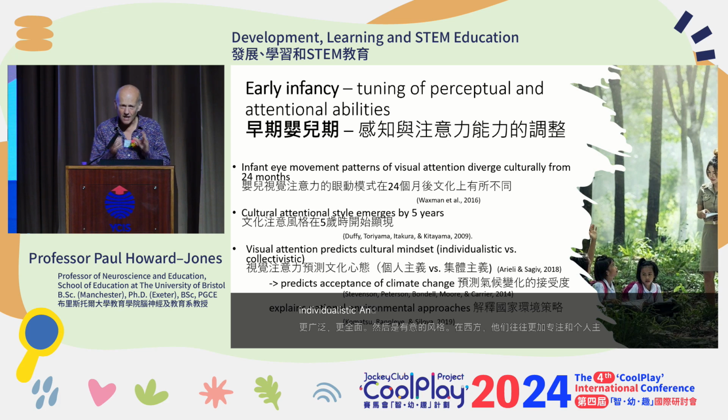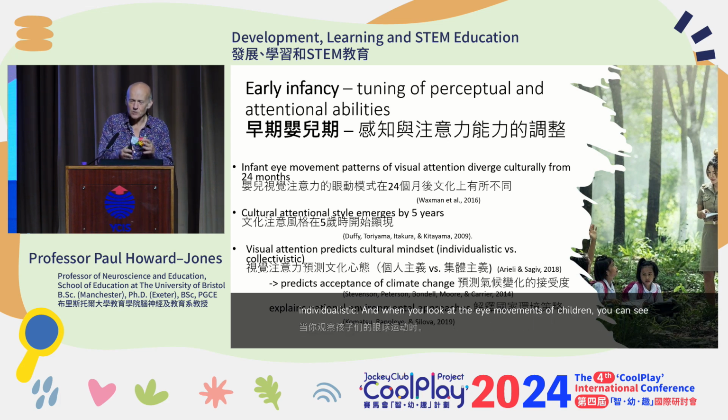And when you look at the eye movements of children, you can see that these cultures start diverging very early on. The earliest data we've so far have is at about 24 months.